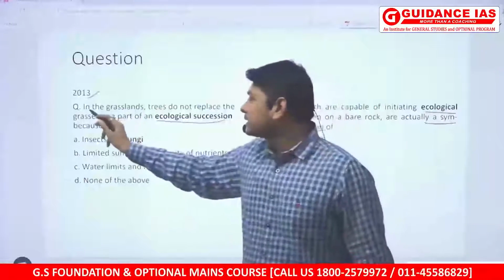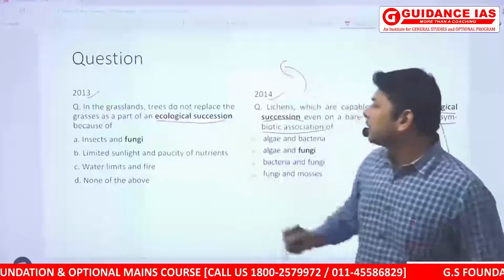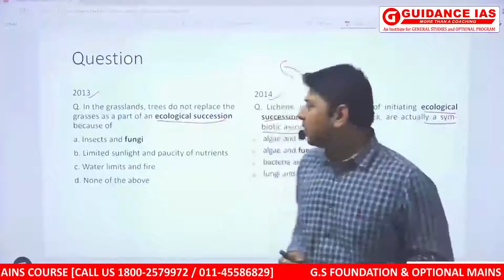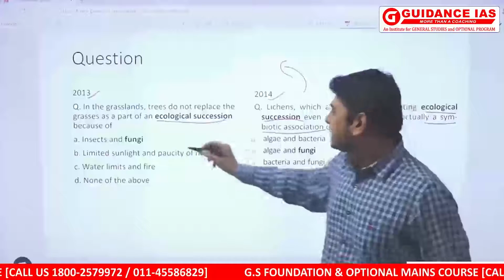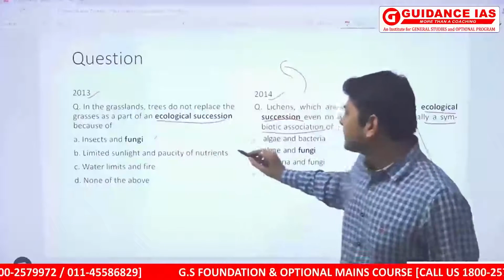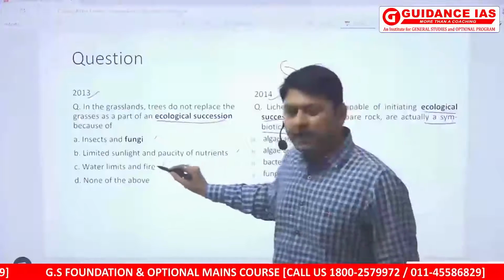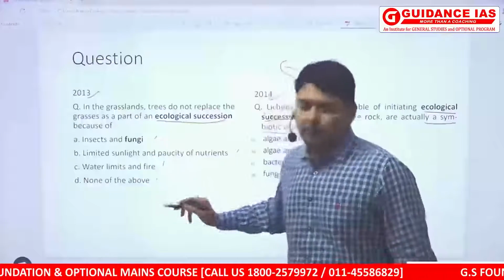I'm reading the question: in the grasslands, trees do not replace the grass as part of ecological succession because of: insects and fungi, limited sunlight and paucity of nutrients, water limits and fires, or none of the above.